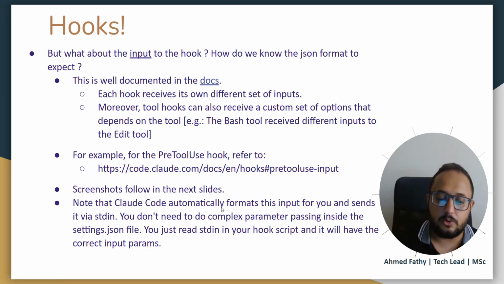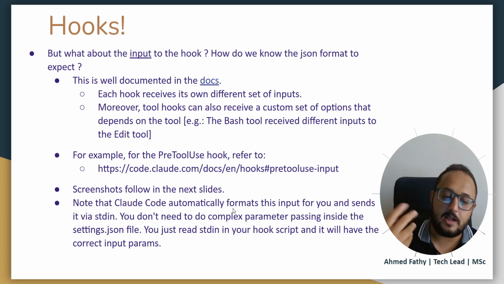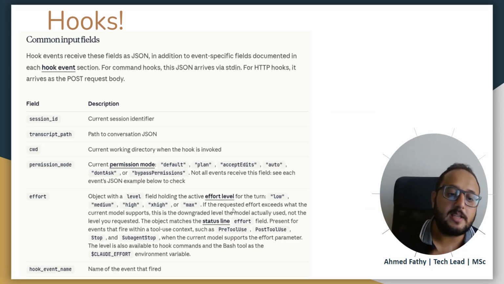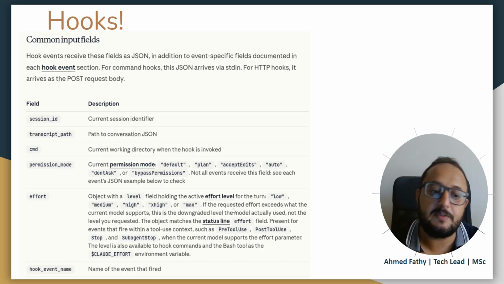Note that Claude Code automatically formats this input for you and sends it via stdin. You don't need to do complex parameter passing inside settings.json. You just read stdin in your hook script and it will have the correct input parameters. All hooks have some common input fields, and then specific hooks will have extra specific parameters.